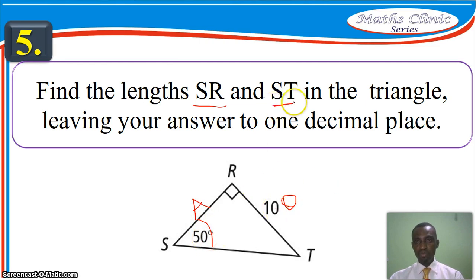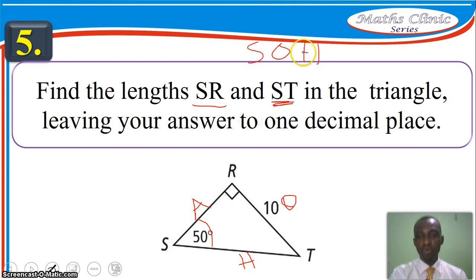Then ST represents the hypotenuse, and for that we can use sine or cos, because if we have already found the adjacent, then it means we have the two other sides given. You can use either CAH or SOH for it, since those are the two that we have.